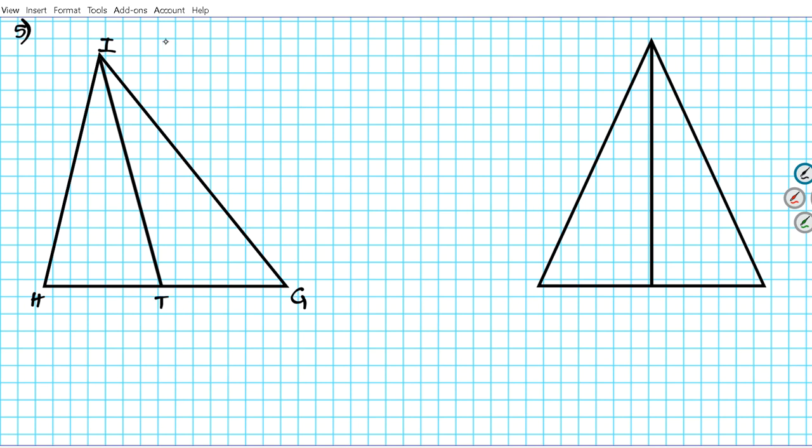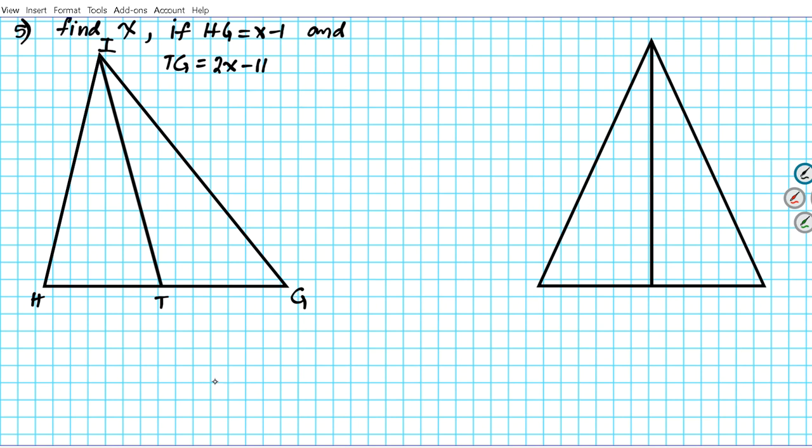For this particular problem, we need to find x if HG is x minus 1 and TG is, let's put TG down here, what is TG? Let's say TG is 2x minus 11, okay? So TG is equal to 2x minus 11.